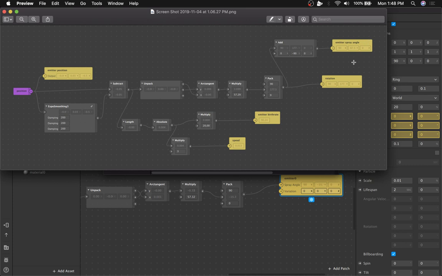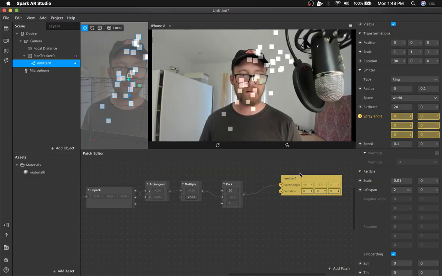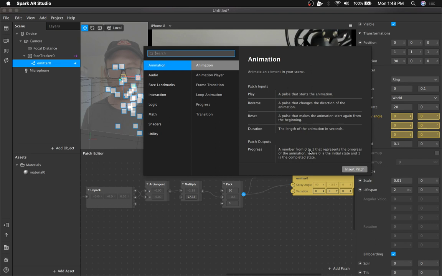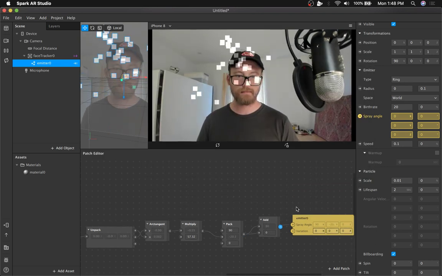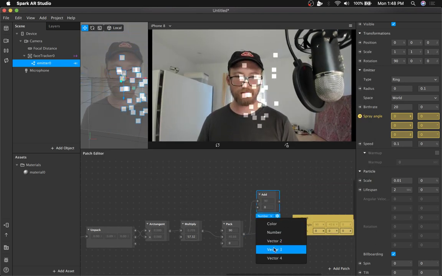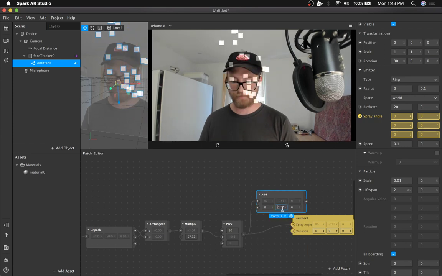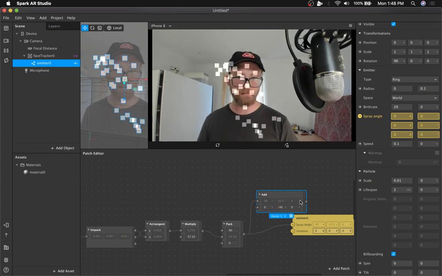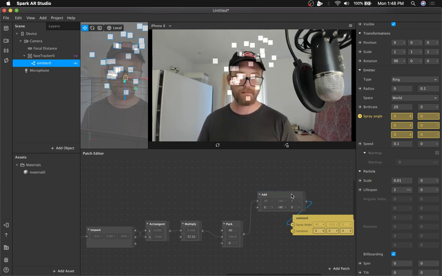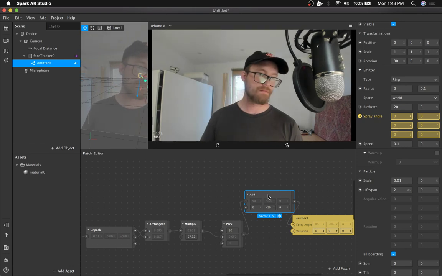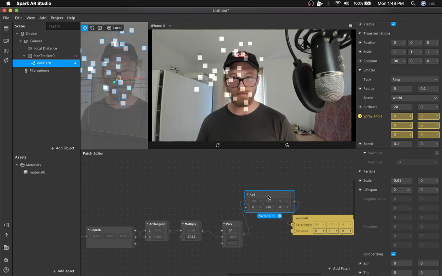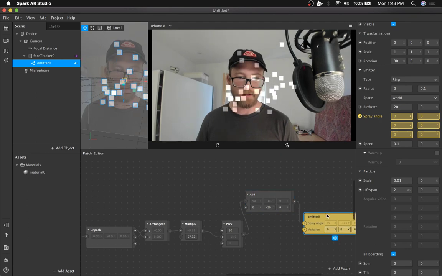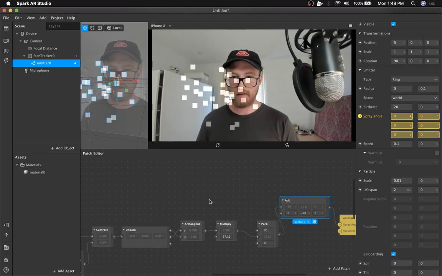Even though it wasn't working exactly for me, maybe you can just try adding -90 to the y. Oh, what do you know? It does work. Okay, so cool.